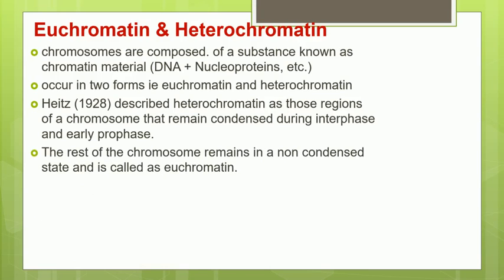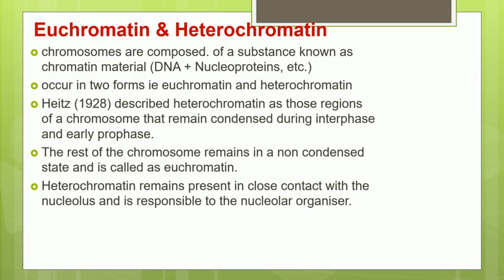And the non-condensed part of the DNA or the chromosome is called euchromatin. Okay, so remember, the highly condensed region of the chromosome is called heterochromatin, and the less condensed or non-condensed state of the chromatin is called euchromatin.